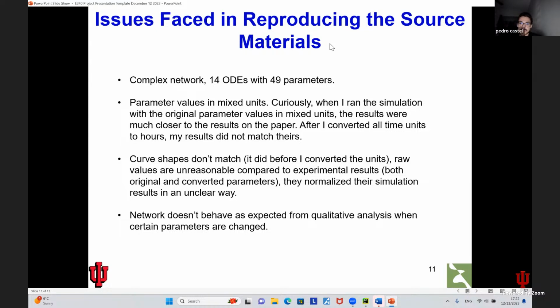And also, I put this disclaimer on my Colab notebook: the curves do not perfectly match, and the values do not perfectly match. I think they may have used the wrong units in the simulations. I don't eliminate this possibility completely, but I still have a stronger feeling that this was a mistake from my part.